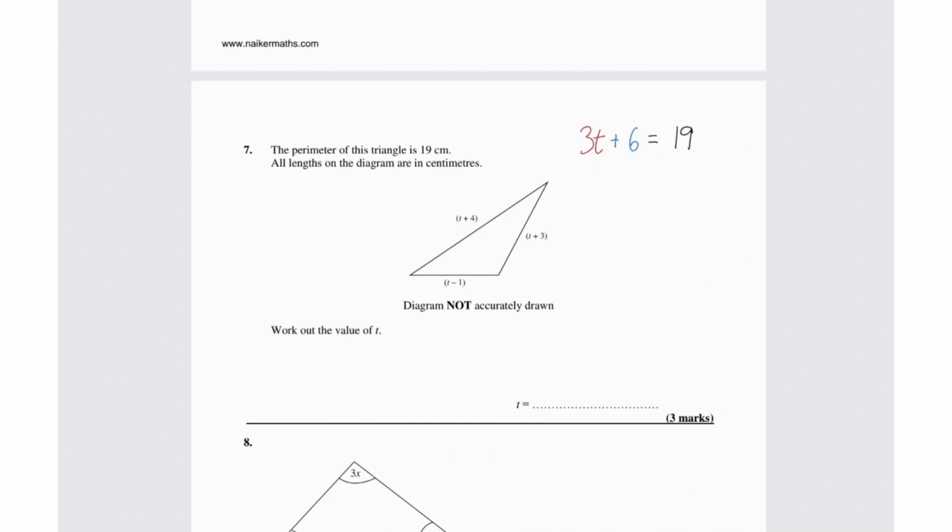We can put it equal to 19 because we're told the perimeter is 19, and we can just solve it. Take away the 6, 3t equals 16, and then divide that 16 by 3, and we get 5 1/3 as a mixed number, or 5.3 recurring, whichever one you prefer.